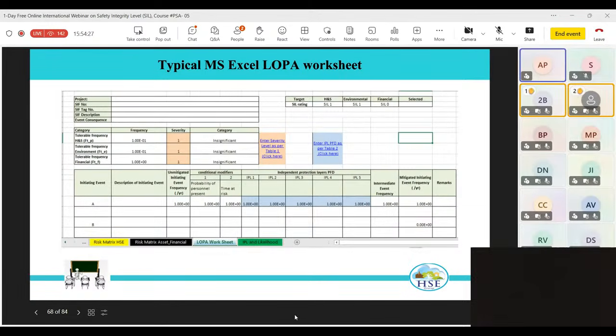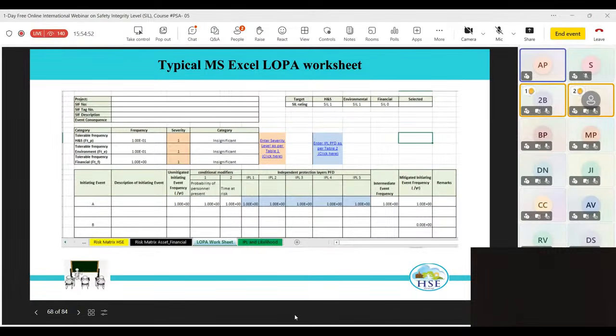Suppose that person is available, whether he will be there full time or part time. That again is a factor, and CCPS has a guideline for that also. If the person is available throughout the day, then it is 1. If he is available for 4 hours, then it is 0.5. Like that you have to see. Okay. So that parameter also can be taken.